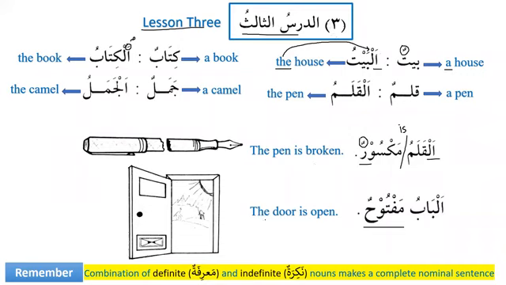And similarly, we cannot say "the door is an open," because these are adjectives and there is no need to use "a" or "an" with them. Like we can see over here, baytun, a house, qalamun, a pen, and kitabun and jamalun. So we translate it as a camel, a book, whereas maksurun and maftuhun are adjectives. That's why there is no need to use "a" or "an" with them.